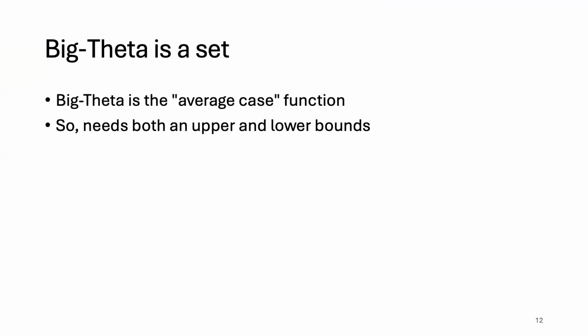The other thing that is interesting to mention, and it doesn't only apply to big theta, it also applies to big O and big omega, is that these are actually sets, right? So if I've got a function n squared, there are infinitely many functions that are bigger than n squared and infinitely many functions that are smaller than n squared.